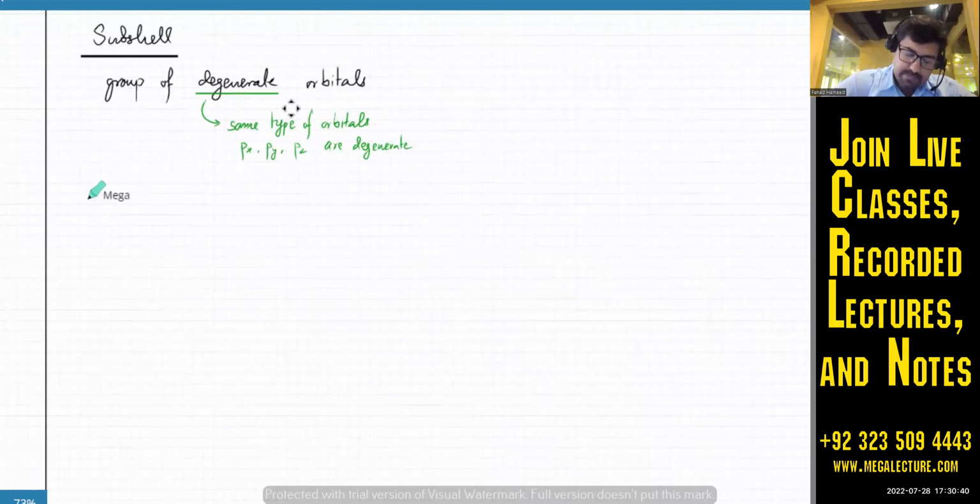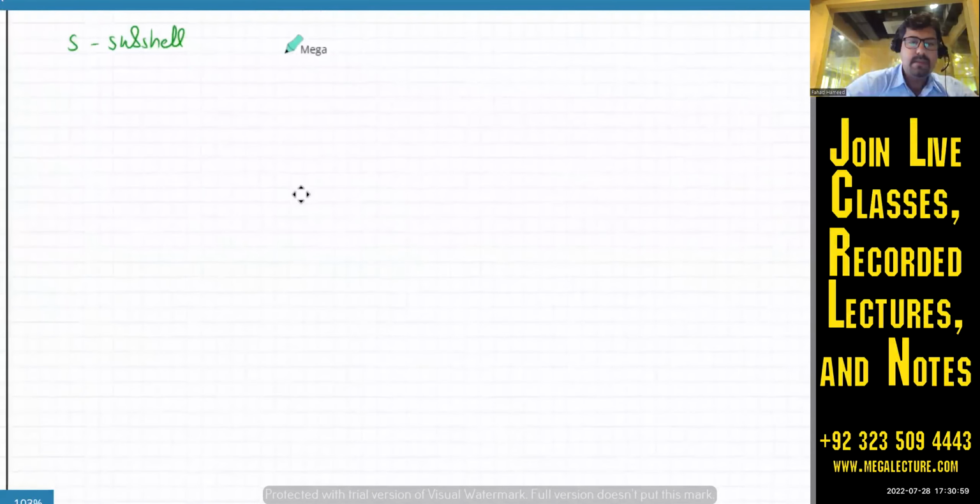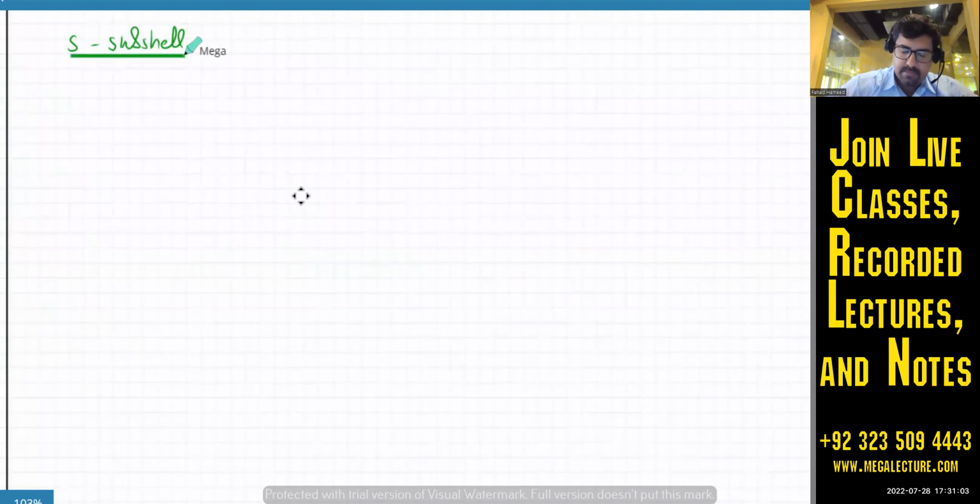So starting with the first one, I'm going to list this down. Starting with the first one, S subshell. Remember, the S orbital has no types. There's only one type of S orbital. So the S subshell only has an S orbital, that's it.